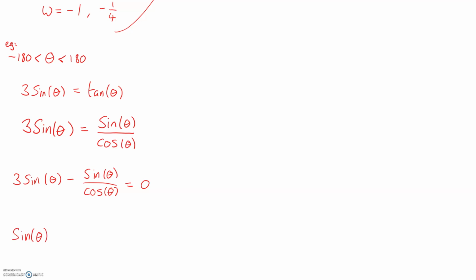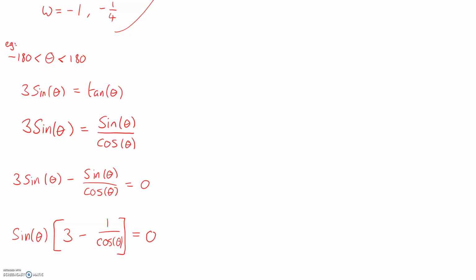By removing sine theta from both terms, we are left with 3 minus 1 over cos theta inside the single bracket. And just in the same way that we can say in double bracket situations that each element can be equal to 0, we can do the same here.